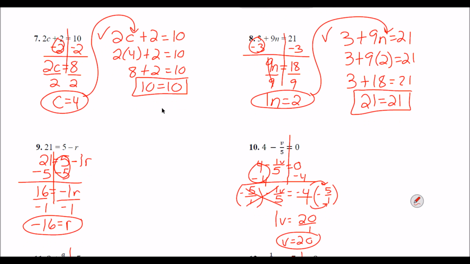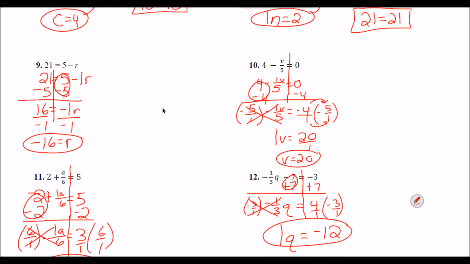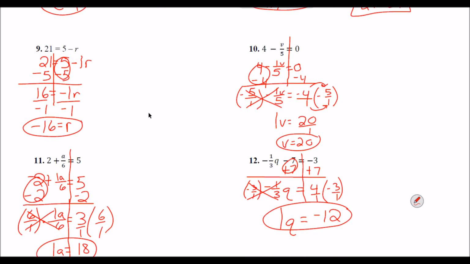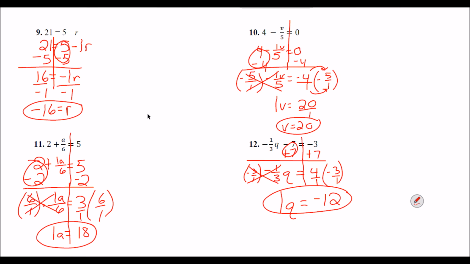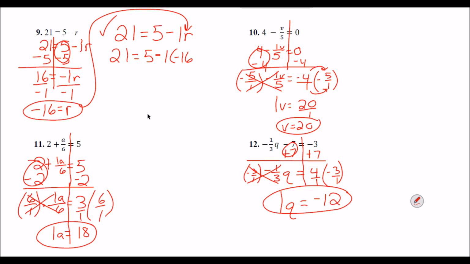Number 9, we have 21, which is equal to 5 minus r, or 5 subtract r. Then we're going to go ahead and check this. Also going to write in that hidden 1 there. Okay? So it's 21 equals 5 minus 1 times negative 16.